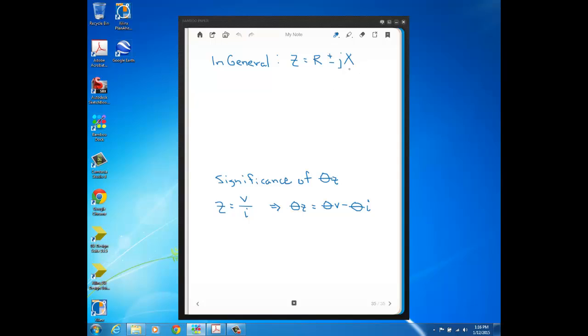And this number for the imaginary component, we often will label X, which stands for reactance. So you see we have reactance of an inductor, and it's just omega L, and reactance of a capacitor, which is 1 over omega C. So reactance is just the magnitude of impedance, impedance without the J, without the phase angle, right?